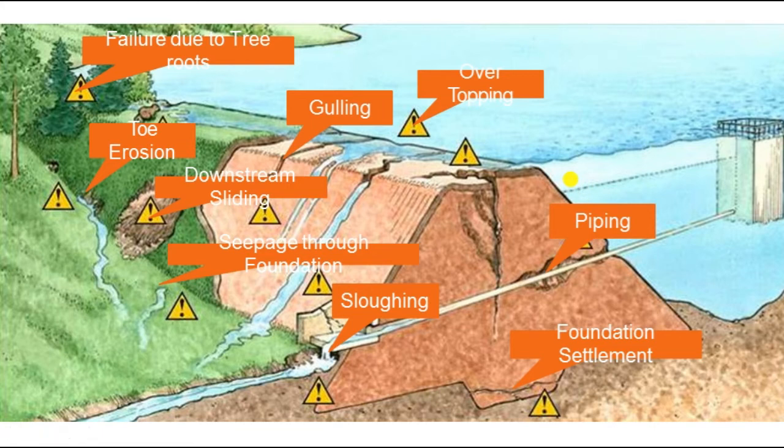Erosion of the downstream side toe. That is called toe erosion, because a lot of water is escaping from the downstream side toe. If proper maintenance and care are not taken, the amount of water escaping from there loosens some of the soil, which slumps from that position. That is the erosion of the downstream side toe.